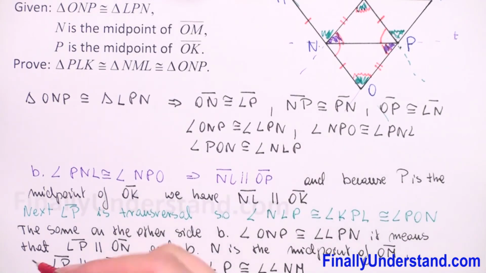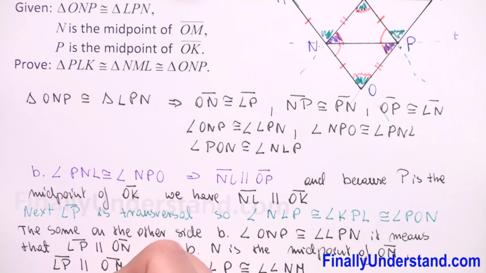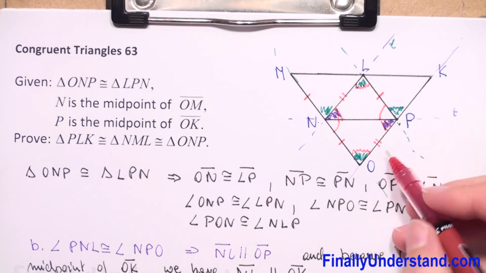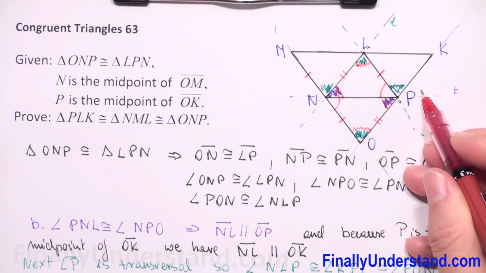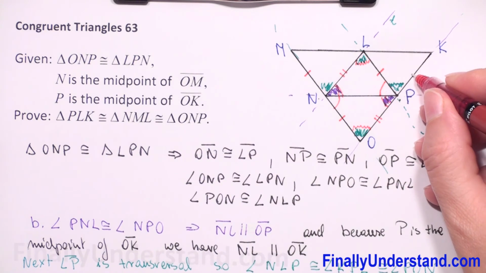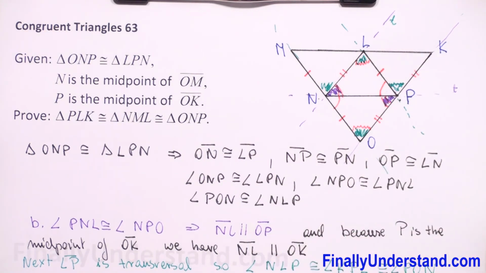We can write MN is congruent to NO because N is the midpoint of OM. The same as with OP and PK. They are congruent because OP is congruent to PK because P is the midpoint of OK.